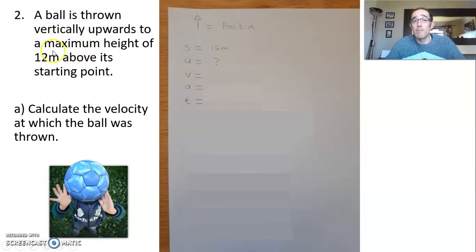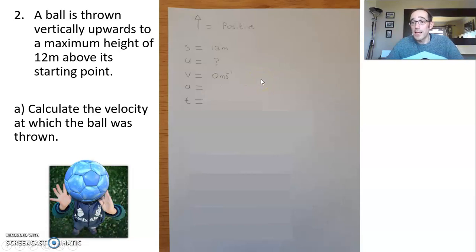Because it says it's reaching maximum height, the final velocity will be 0. If you imagine an object being thrown up, it decelerates, it decelerates, it decelerates, it reaches 0, and then it accelerates as it's coming back down. So the final velocity is 0 meters per second at the maximum height.